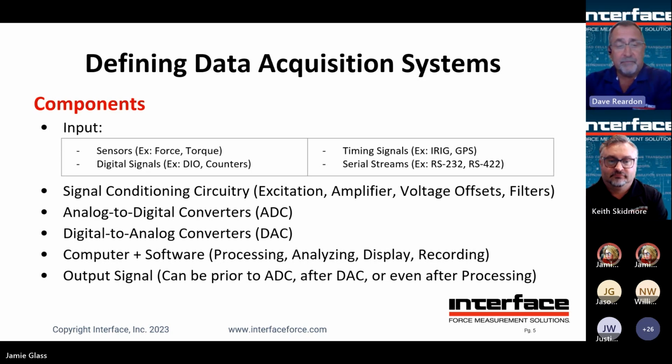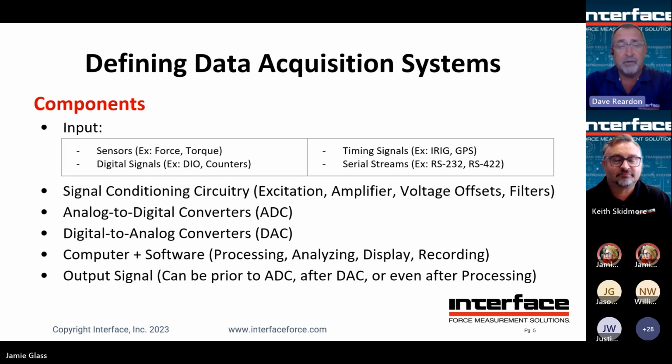Those A to D converters can be sigma delta, delta sigma, SAR, successive approximation register. Some systems combine those and use multiple different types. The differences of these and why you would use one rather than the other would be an entirely different additional session unto itself, because there are many different components of that.